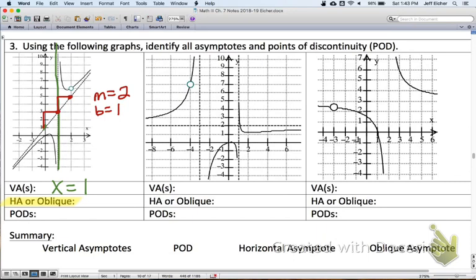So our equation for our oblique asymptote would be y equals 2x plus 1. And then lastly, we have a point of discontinuity right here, and it looks like the coordinates are (2, 6). So that's using graphs to identify the asymptotes and the points of discontinuity.